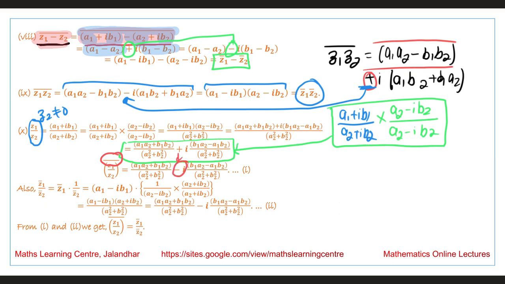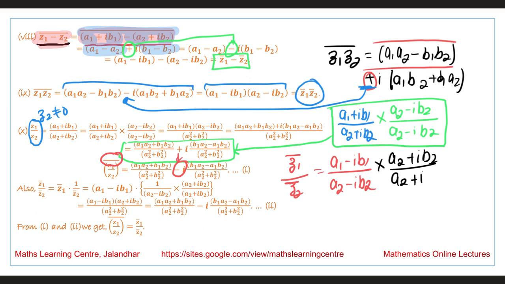Next, we are calculating the value of z1 conjugate over z2 conjugate. That is equal to (a1 - iota b1) over (a2 - iota b2). To solve this, we multiply it with (a2 + iota b2) over (a2 + iota b2).